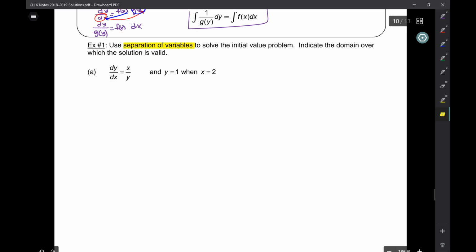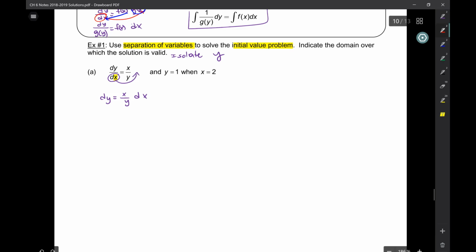Okay, so use it to solve, and look, it's an initial value problem. Indicate the domain over which the solution is valid, so lots of things to happen here. What we're going to do is isolate the y. The dx is going to come over here, so what do I have now? I have dy is equal to x over y dx. Now what do I do with the y?